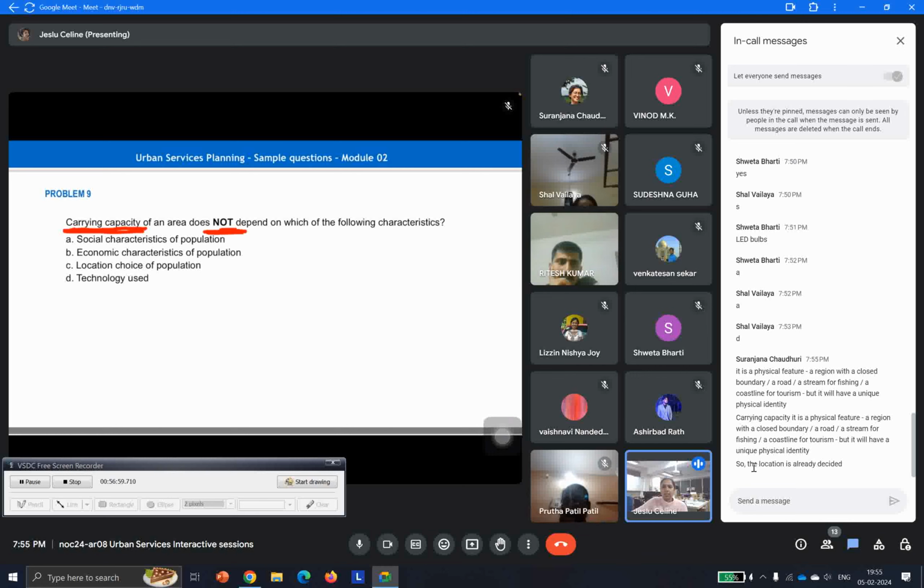Anybody else? Okay, I see a long message in the chat. Suranjana says it's a physical feature, a region with closed boundary, a road, a stream for fishing, a coastline for tourism, but it will have a unique physical identity. Someone has raised their hand, let me just finish this one sec.